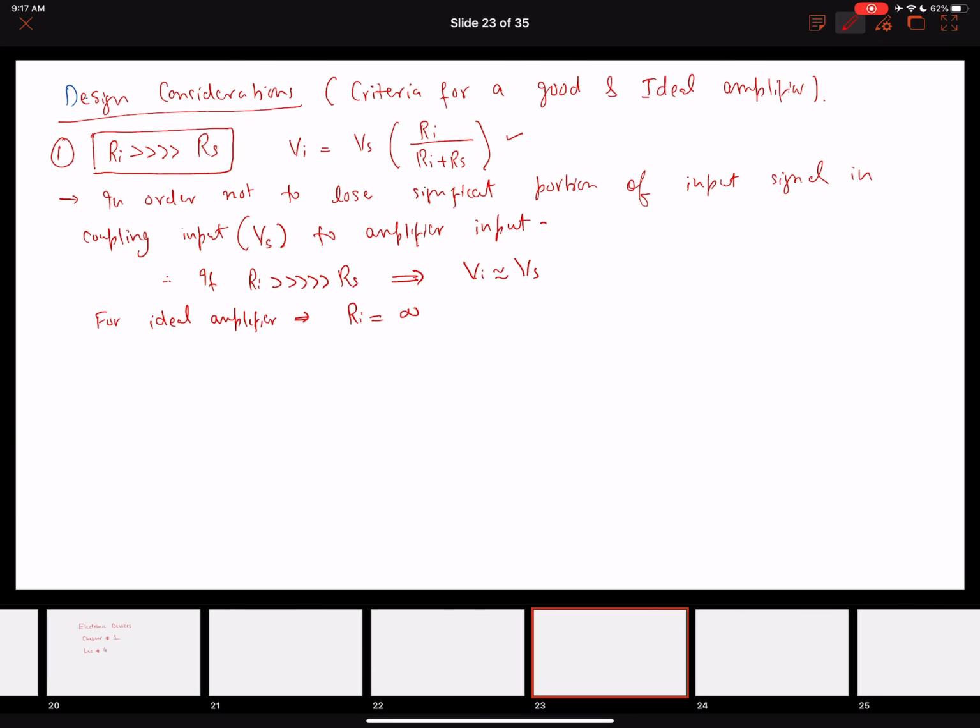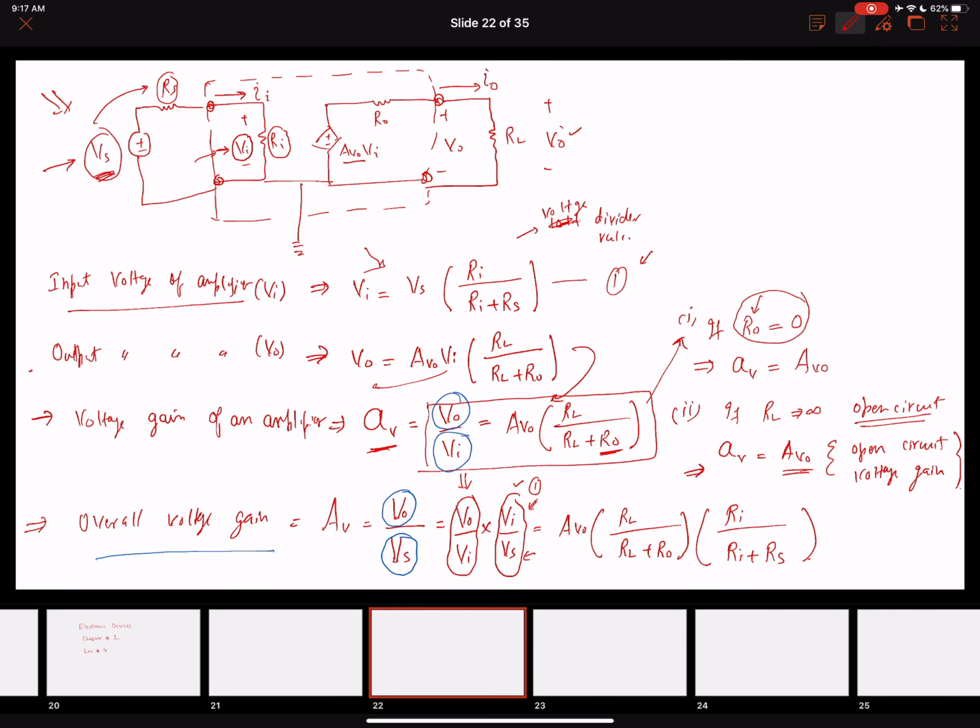All right. Second design consideration now, our R0 should be as small as possible compared to the load resistance. Now if I write the output voltage of the amplifier, I'm kind of rewriting this equation. Again, this equation is coming from here, right? So this was the equation: Vo equals Av0 Vi RL over RL plus R0.